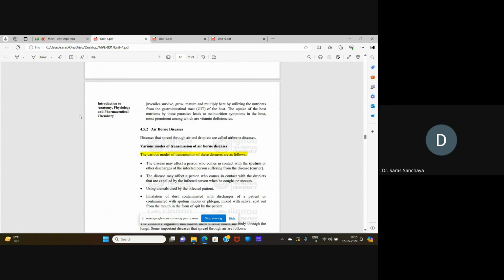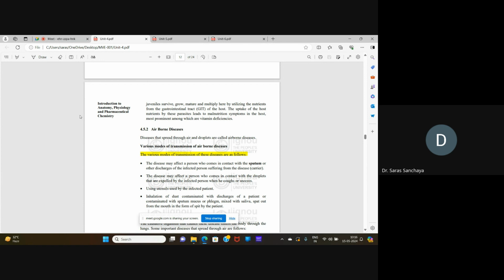Now we come to airborne diseases. Various modes of transmission of airborne disease are as follows. The disease may affect a person who comes in contact with the sputum or other discharges of the infected person suffering from the disease, that is carrier state.